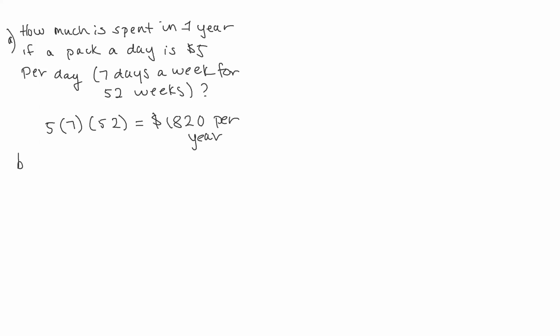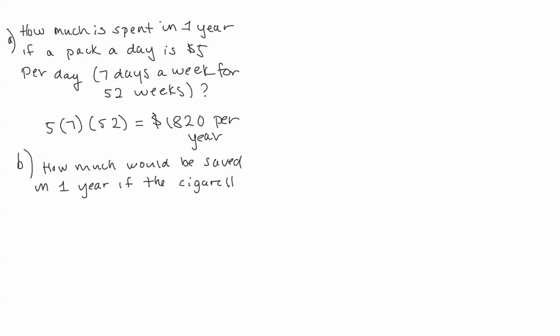Part B then says, if this person invested the yearly spending on cigarettes in a savings account with a rate of 4%, how much would be saved after 1 year? So how much would be saved in 1 year if the cigarette money was invested in an account paying 4%?